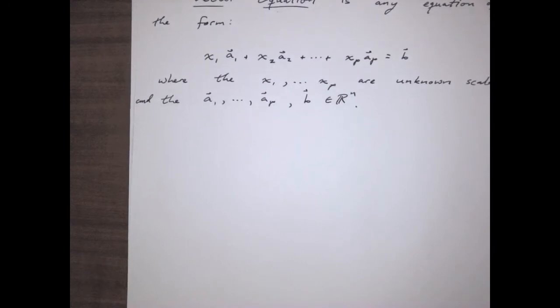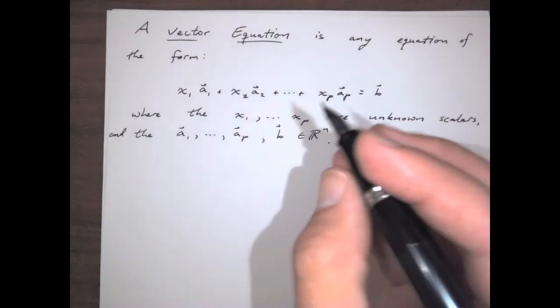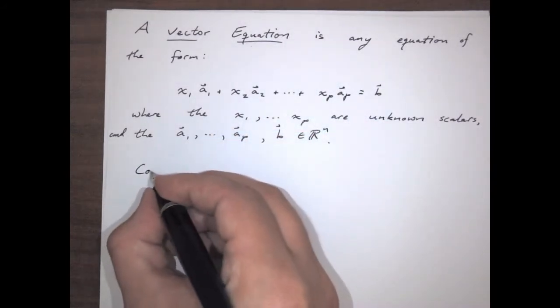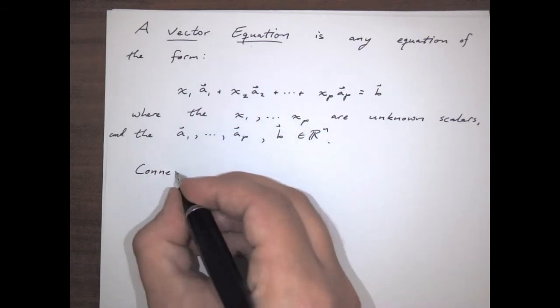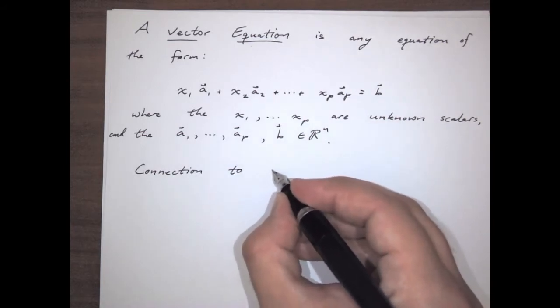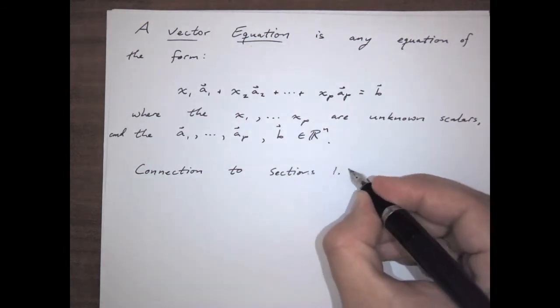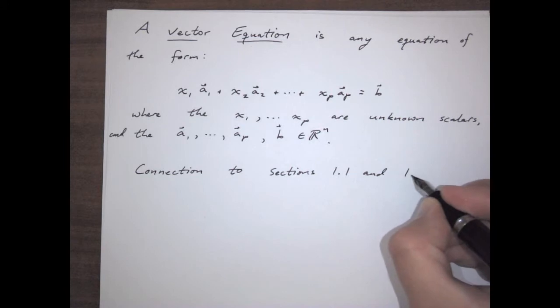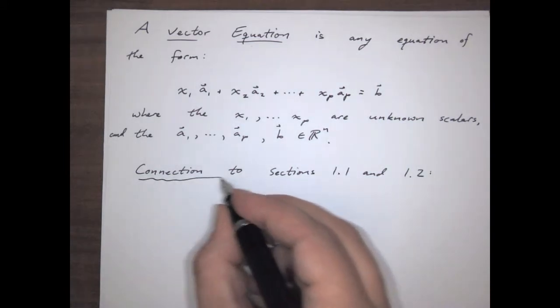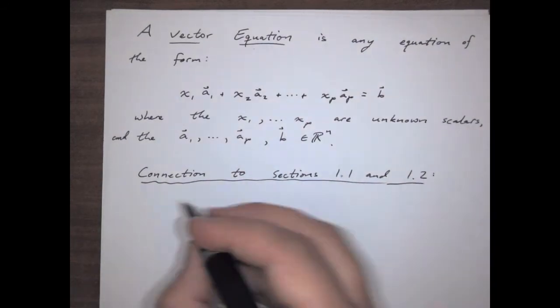So what this has to do with anything that we've talked about previously in this course, in other words, sections 1.1 and 1.2, is the following. So the connection to 1.1 and 1.2 is that we can think of the x's as still being the variables.